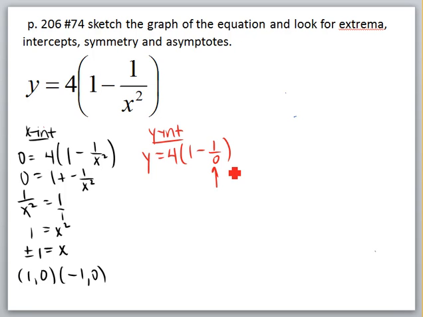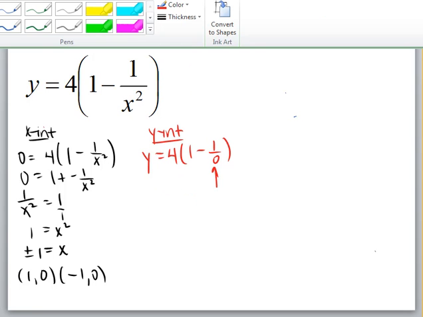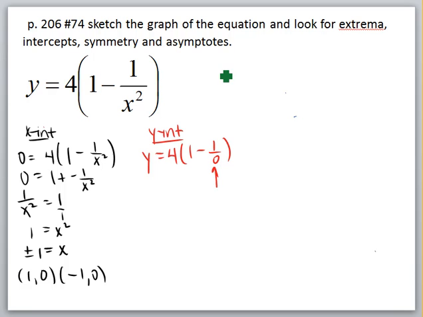So there is no y-intercept. We would see there is no y-intercept because if I look at this closely, I've got vertical asymptotes, and vertical asymptotes occur where the bottom equals 0. So I would have a vertical asymptote at x equals 0.